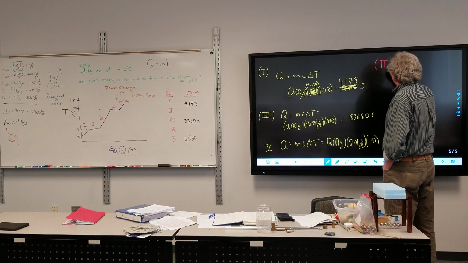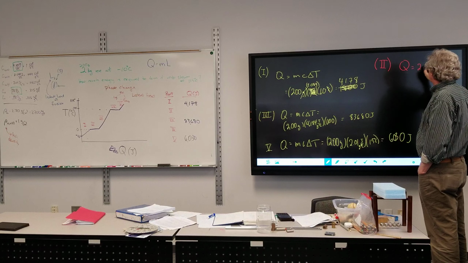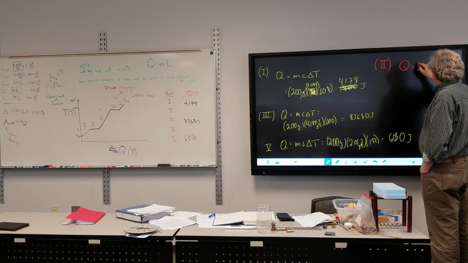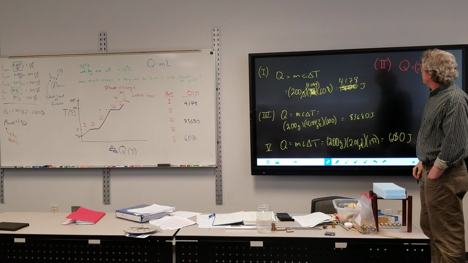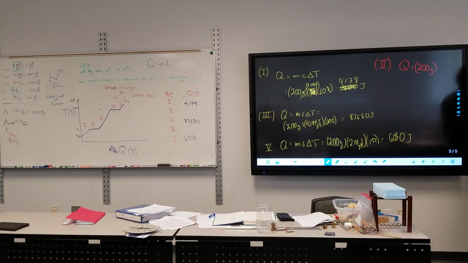So for section 2, the amount of energy is going to be 200 grams times the latent heat of fusion, which I need to look up because I don't remember what it is off the top of my head. Is that only for solid to liquid?